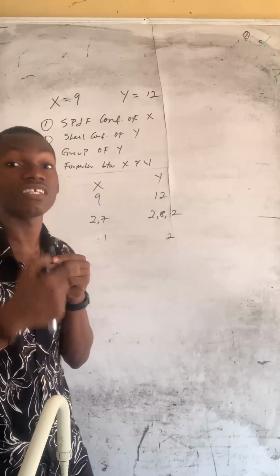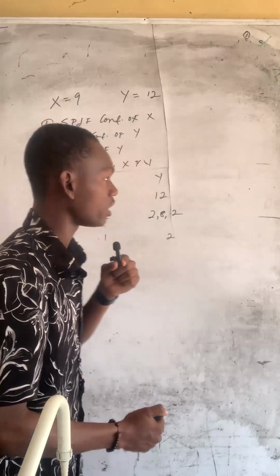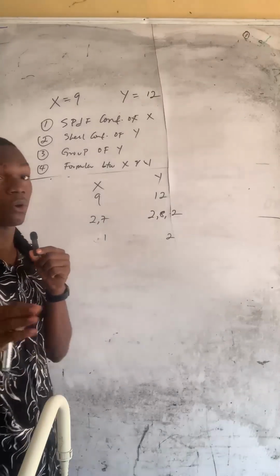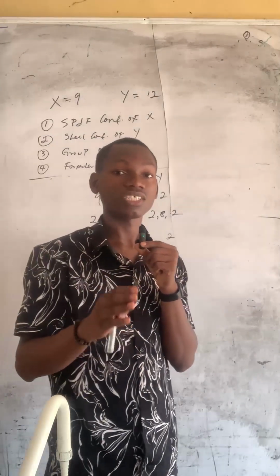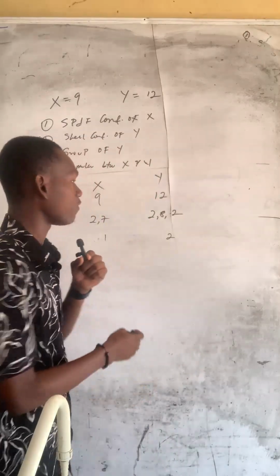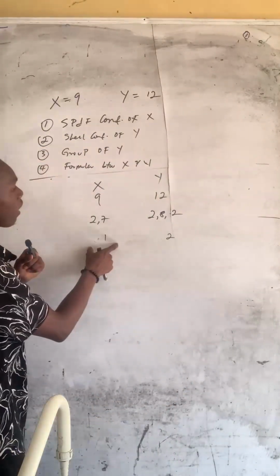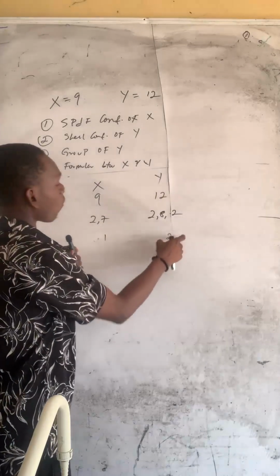Octet state simply means having 8 electrons in the outermost shell. X will gain 1 electron in order to have a complete shell of 8 electrons, rather than to lose 7 in order to have the duplet state. So the valency of X is 1, and valency of Y is 2.